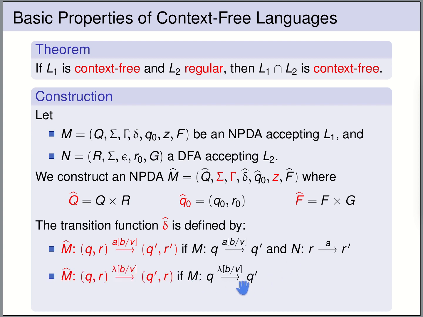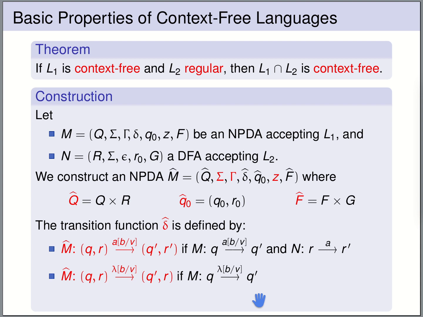And if we have a lambda transition in our original NPDA M, then we just do the same lambda transition in M hat. And since there is no input for this lambda transition, the DFA just stays in the same state. So for a lambda transition, the DFA does not change the state.